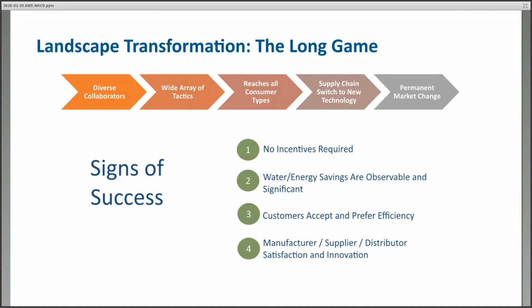Kind of looking at the long game here of landscape transformation, what I've been talking about essentially is water utilities providing incentives to their customers to change out their landscapes. We want to get to a place where those incentives aren't even required. We want to get to a place where sustainable landscapes have been adopted.